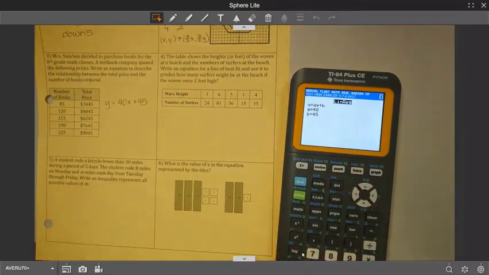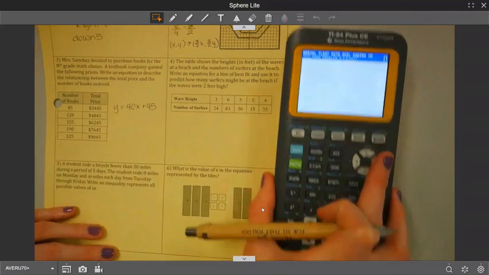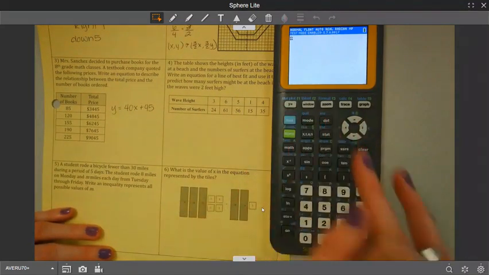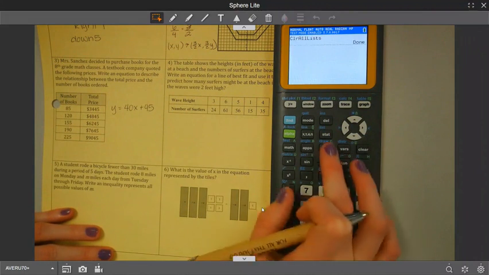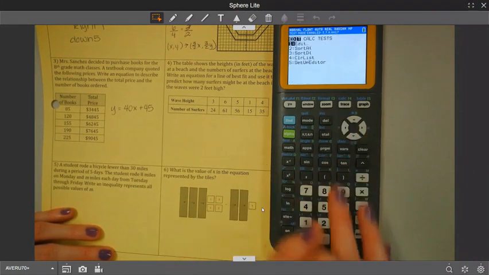Number 4 says the table shows the heights in feet of the waves at a beach and the number of surfers at the beach. Write an equation for the line of best fit and use it to predict how many surfers might be at the beach if the waves were 2 feet high. Again, I have a table, so I'm going to put it in the calculator. Clear the list, second plus 4. Then we're going to go to stat, we're going to edit first.